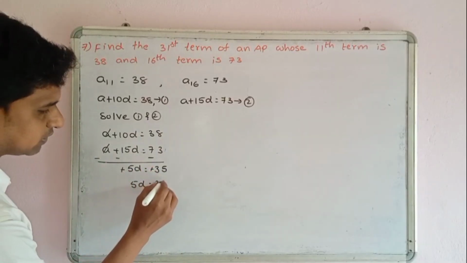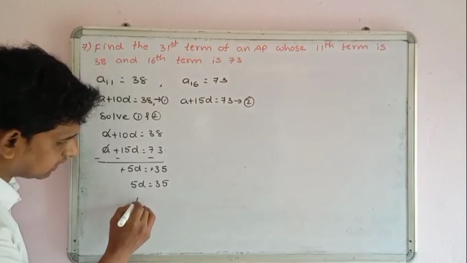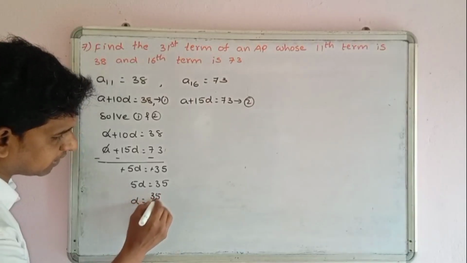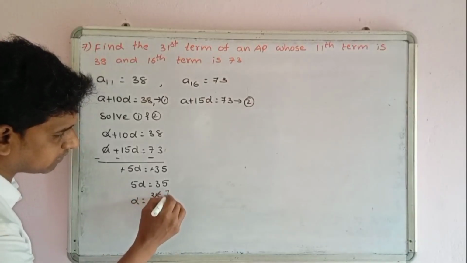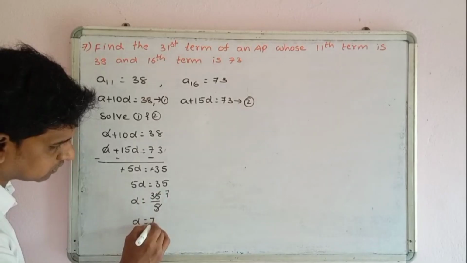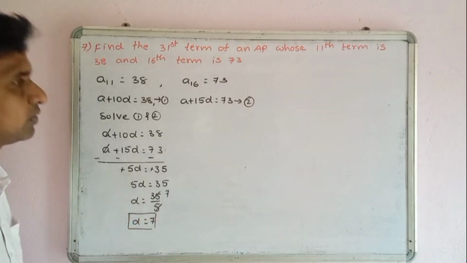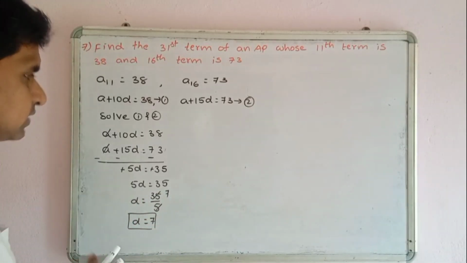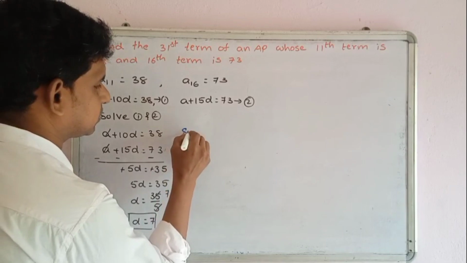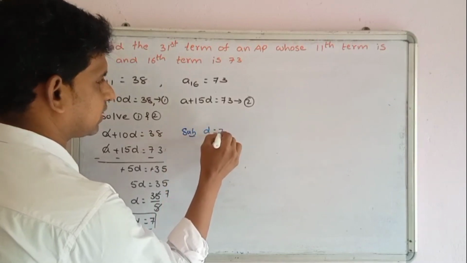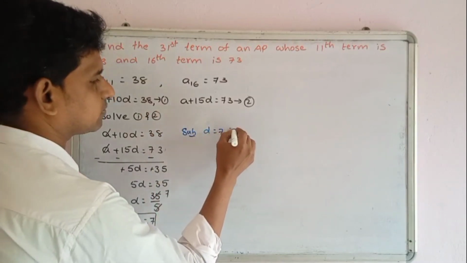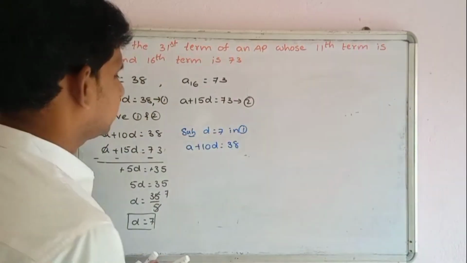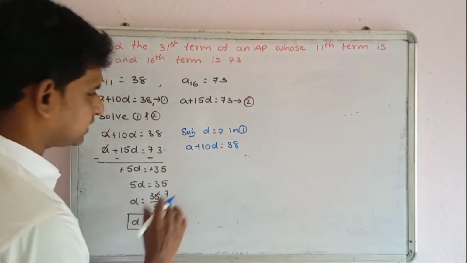5D equals 35. D equals 35 by 5. How many times? 7 times. So D equals 7. Okay. Now substitute D equals 7 in 1 or 2, your wish. In 1. Here the D value is 7.